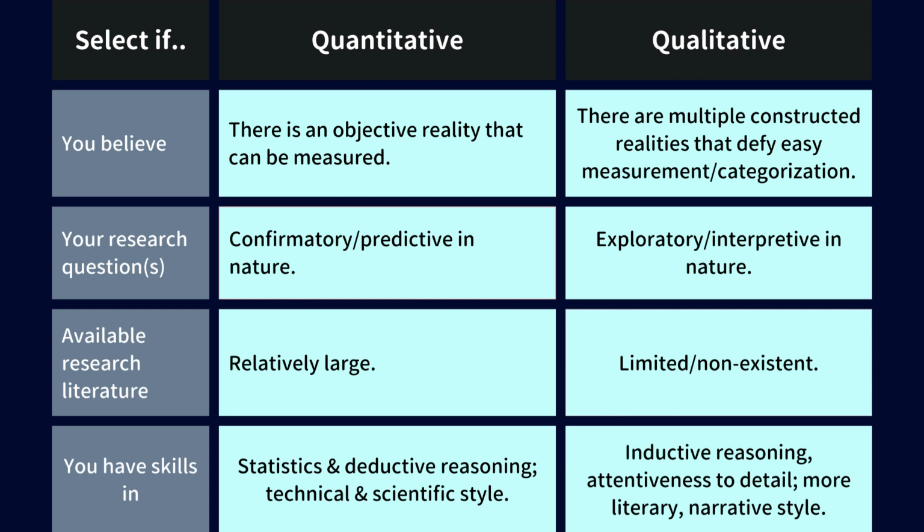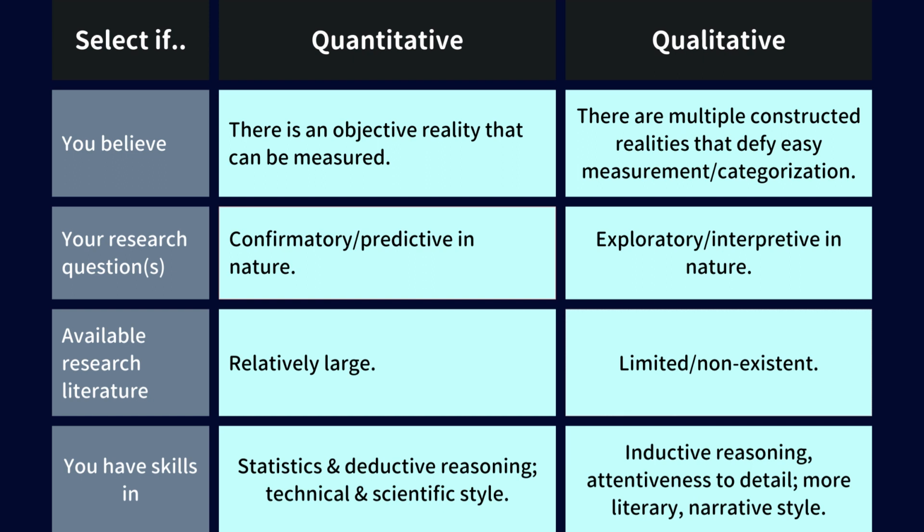The ontological position of the quantitative paradigm is that there is only one truth and objective reality that exists independent of human perception. So, for quantitative paradigm people, they are very, very objective about the objective reality. And this objective reality must be measured statistically.